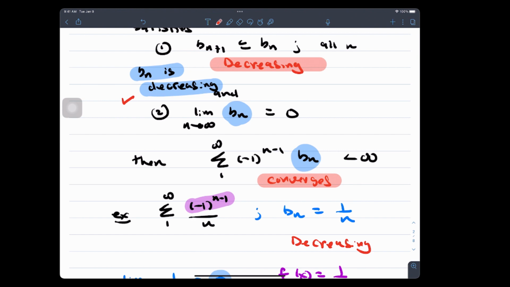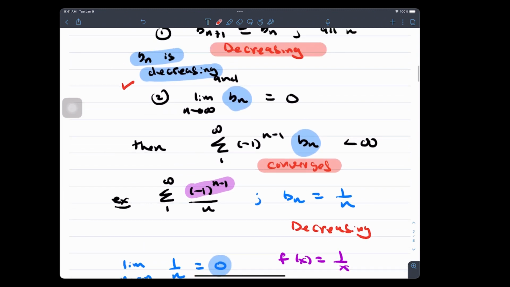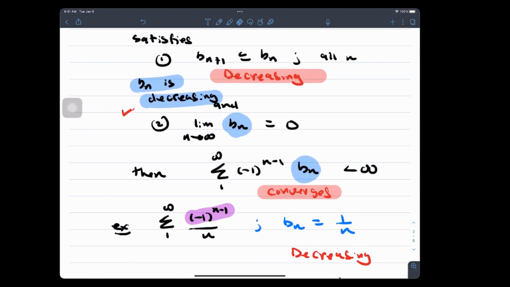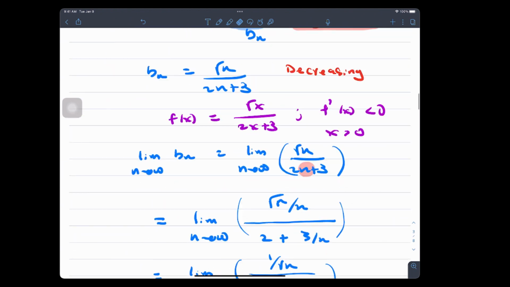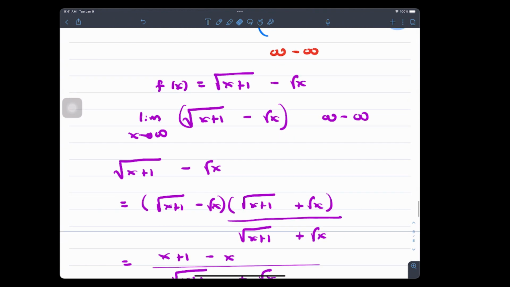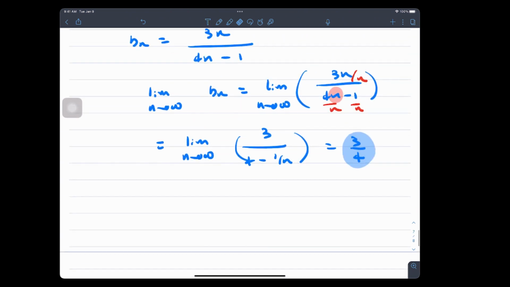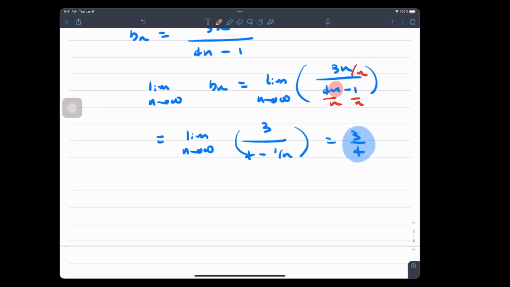So here's the point. I cannot use the alternating series test. That's the point, logically speaking. So if I go all the way back down here, here's what we can say: we cannot apply the alternating series test. No.